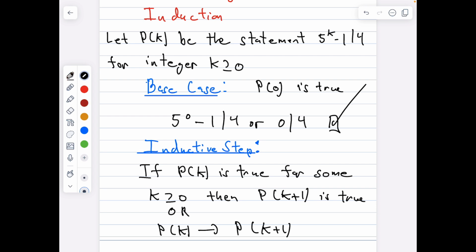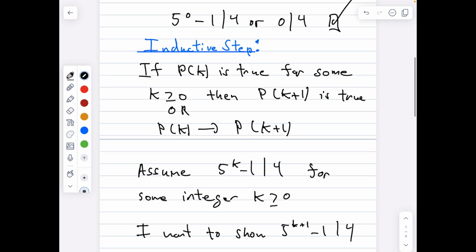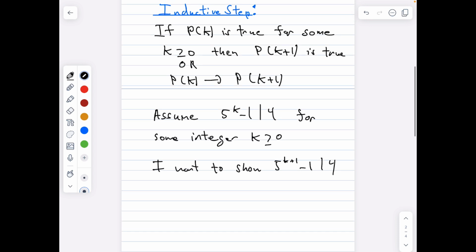Okay. And my inductive step is the next part. The inductive step basically says that if your statement is true for some value k, so for some integer greater than or equal to 0, then it's going to be true for the next value, okay? Or if you prefer, P(k) arrow P(k+1), like an if-then statement with logic.